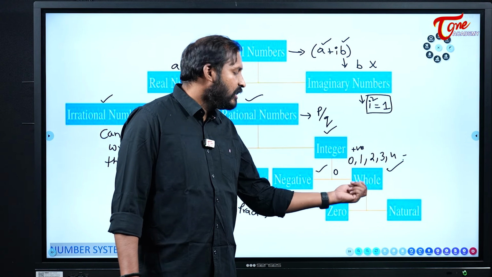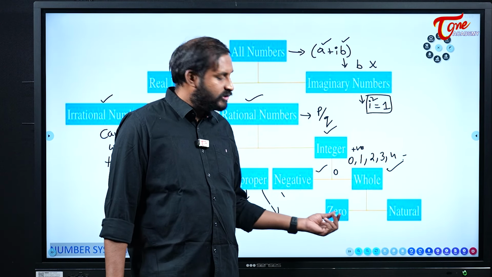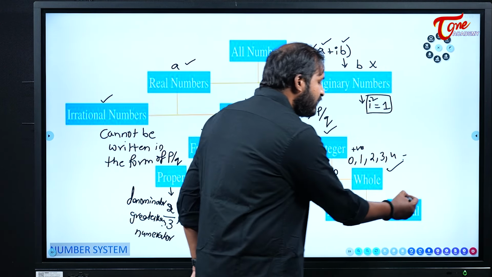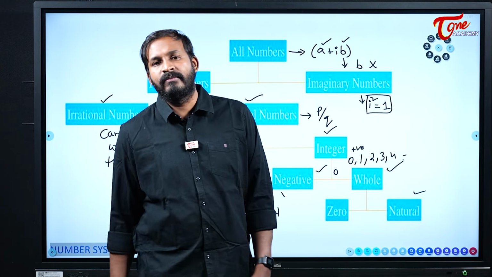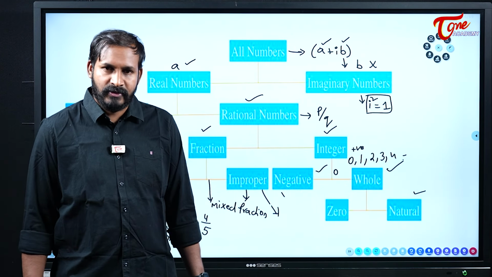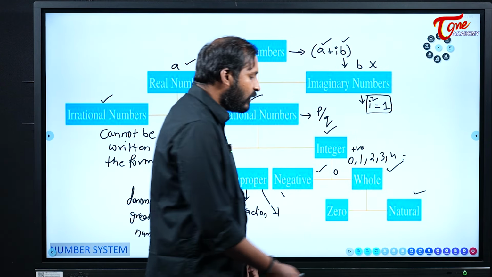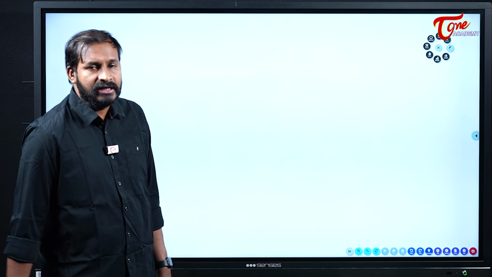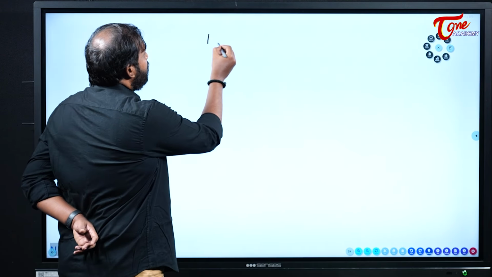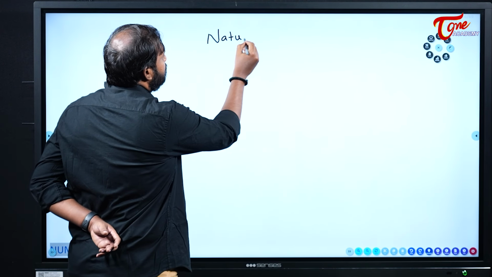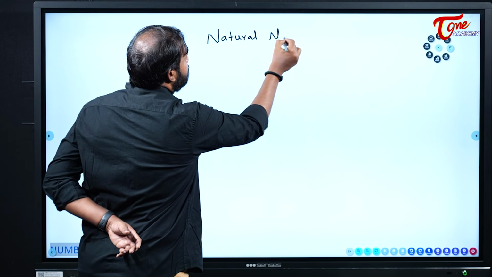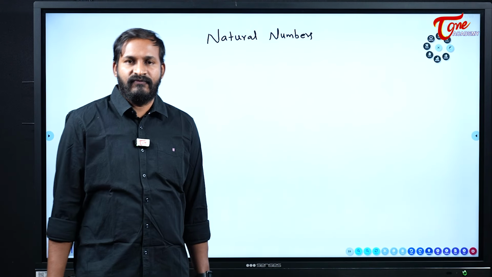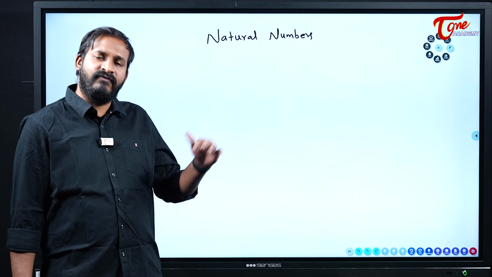Next, whole numbers are divided into two portions. One is 0 and the other one is natural numbers. We all know what is meant by natural numbers. Any counting number we call a natural number. Now, these natural numbers are divided further based on the factors.